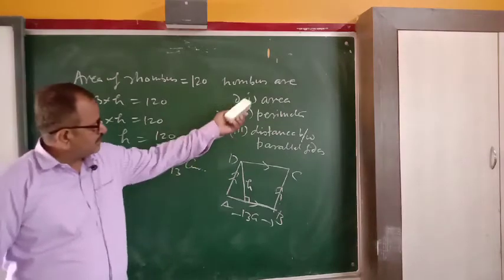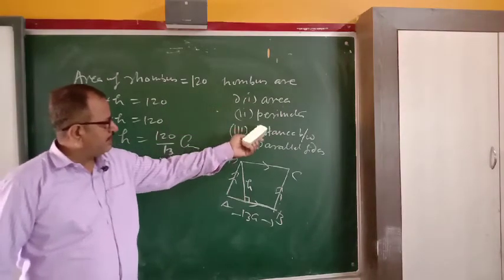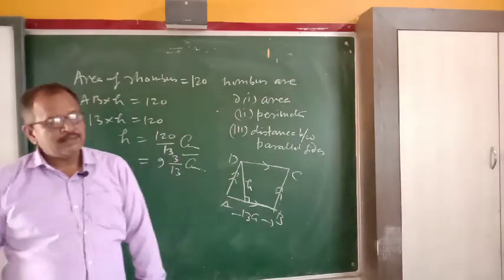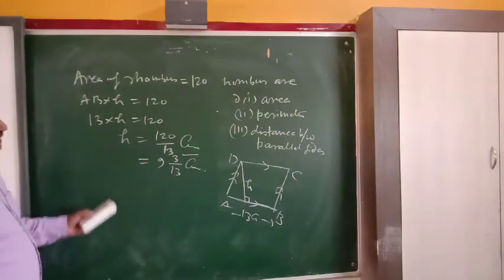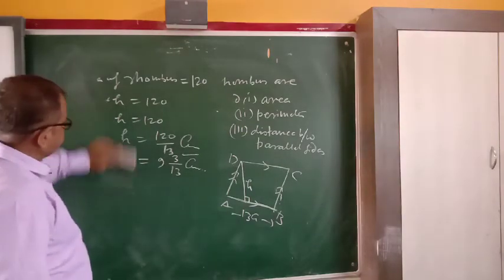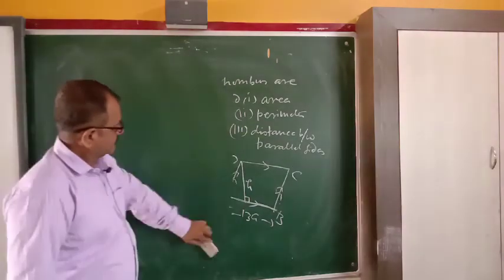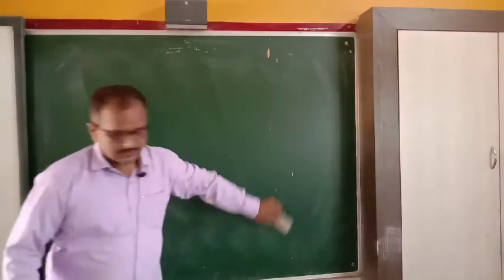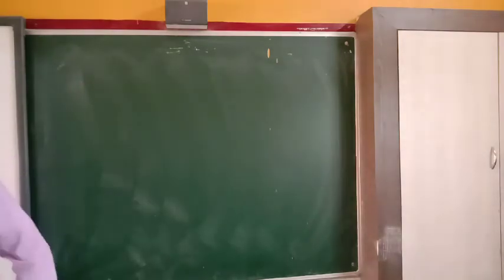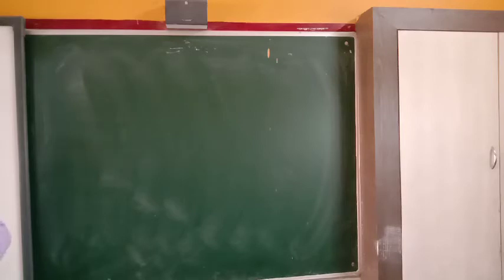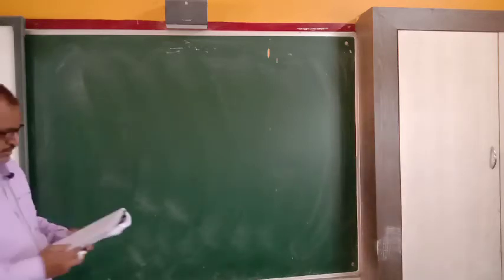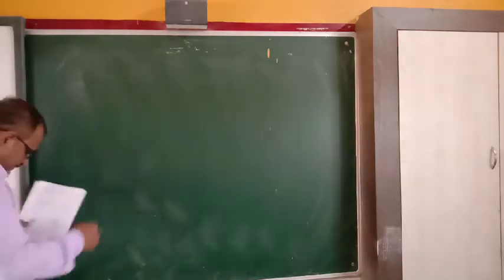So we have calculated all the values: area, perimeter and distance between the parallel sides. Now we will see the next question.